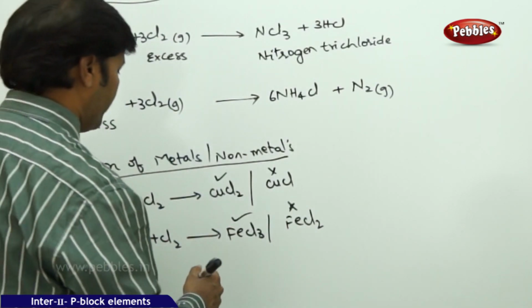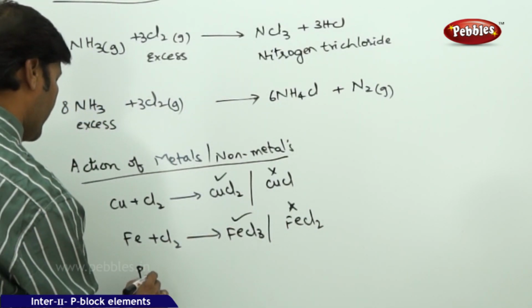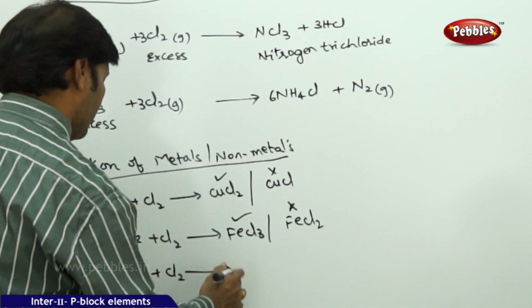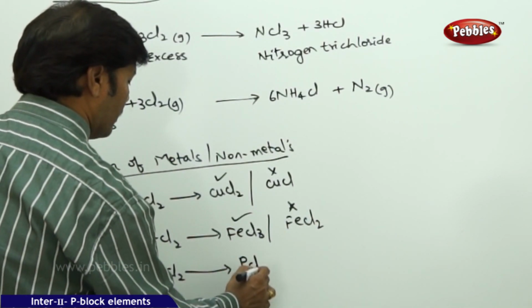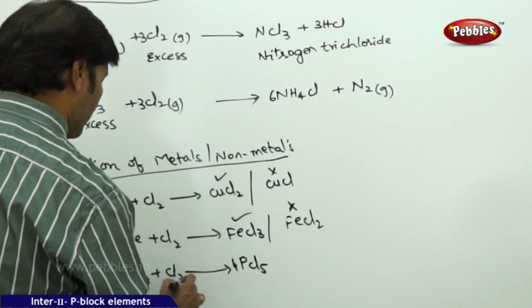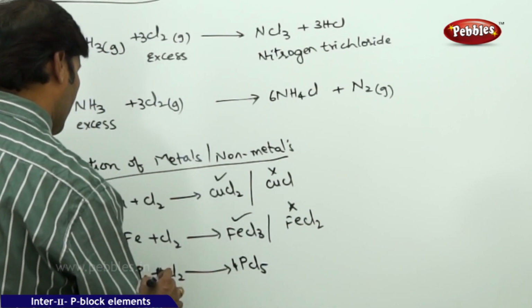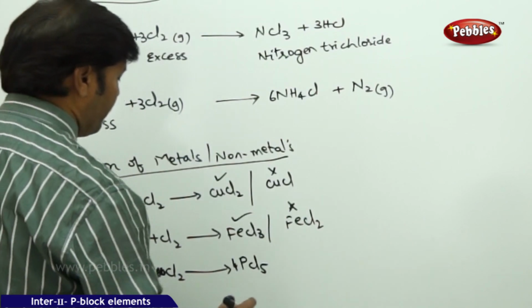If you go for non-metals, for example phosphorus, when it reacts with chlorine in excess, it can give phosphorus pentachloride, so 10 moles of phosphorus pentachloride it can give.